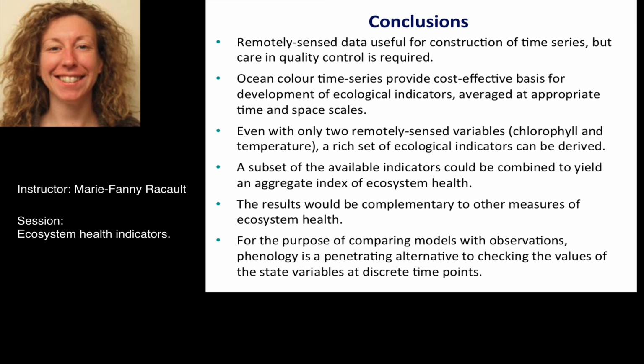But you can also look at changes in timing, and so phase shift. Simply, here is an example: satellite observation, timing of peak. Again, the color scale tells you which month or which week of the year the phytoplankton bloom peaked. And you can do the same analysis in the model, and then simply you can compare the two.